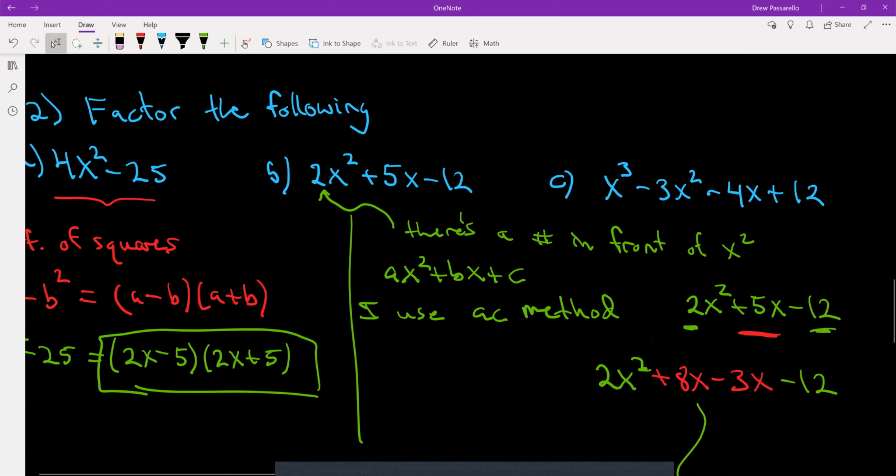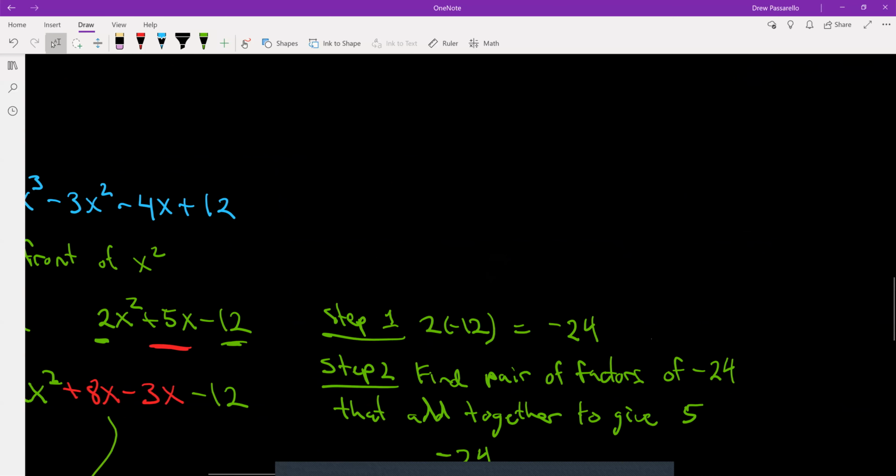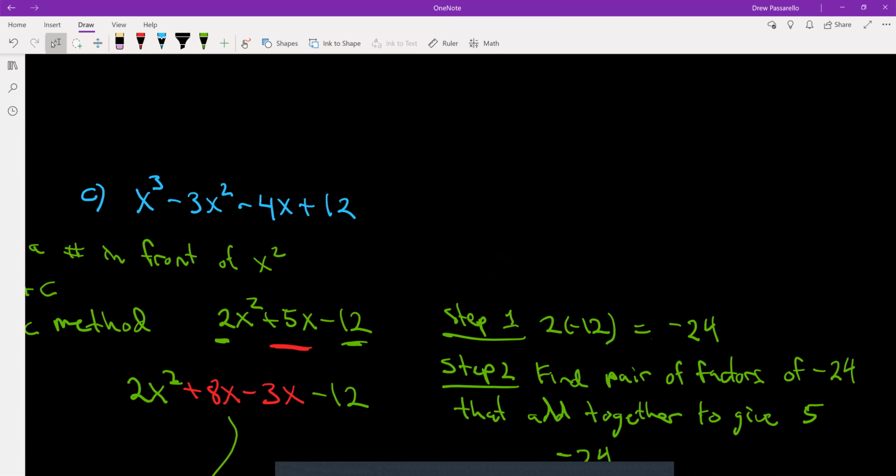All right, then part C. So it's x cubed minus 3x squared minus 4x plus 12. Notice I have 4 terms.